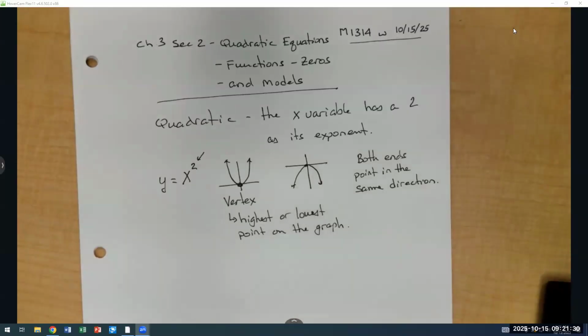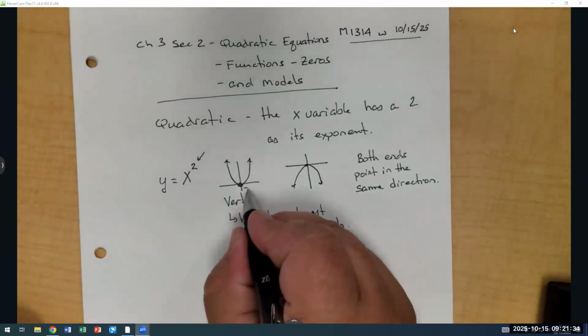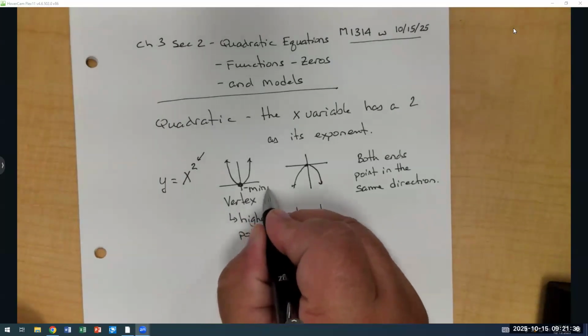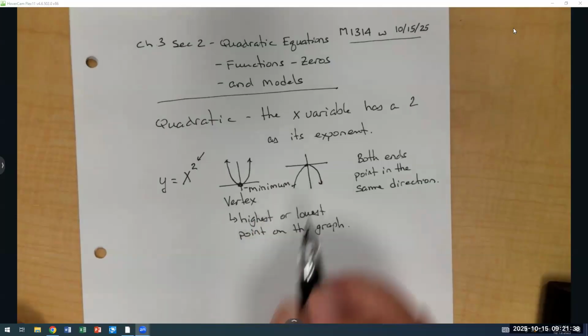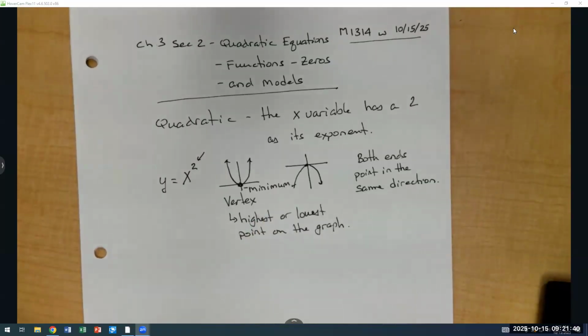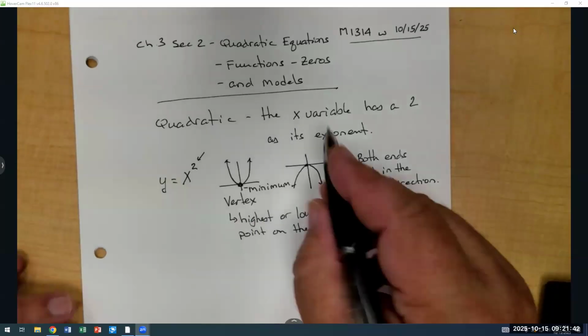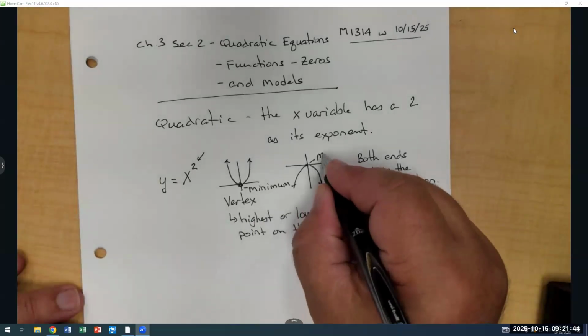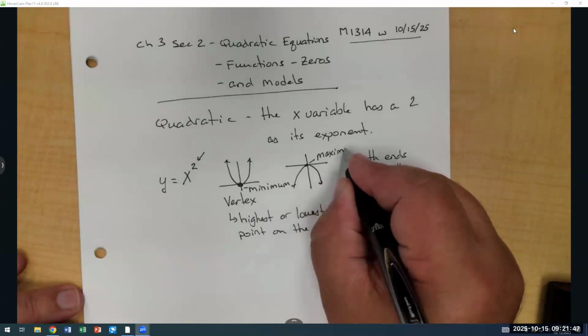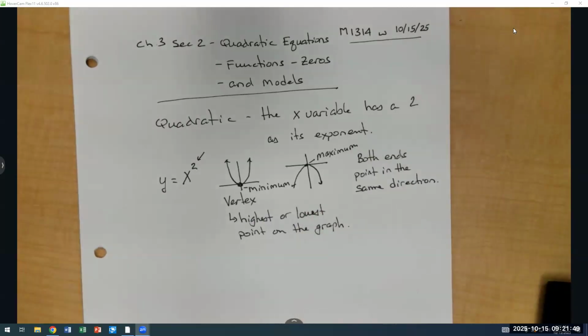Now, there are Latin names we give them. If it's the lowest, we call it the minimum. The lowest point is called the minimum. The highest point is called the maximum.